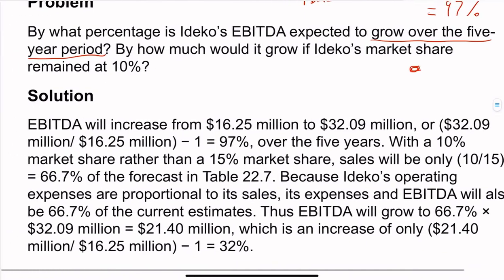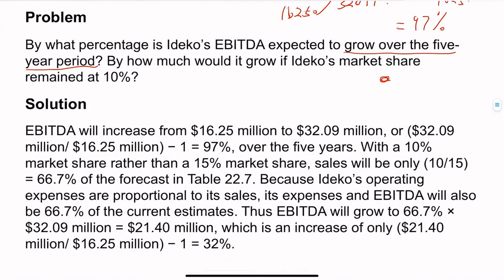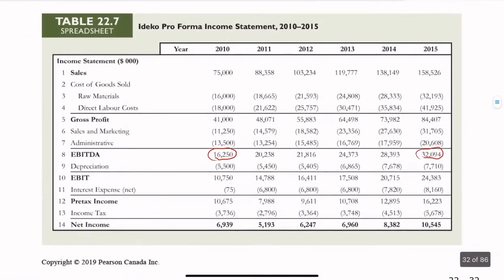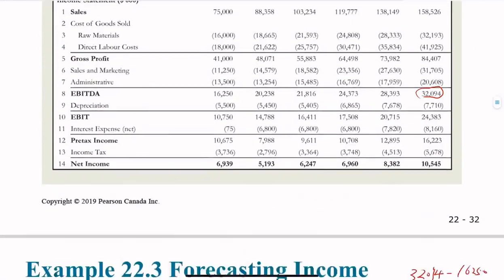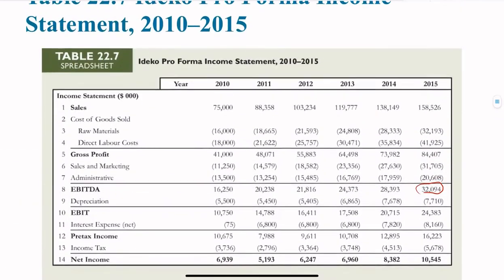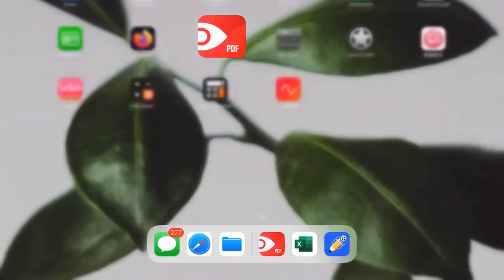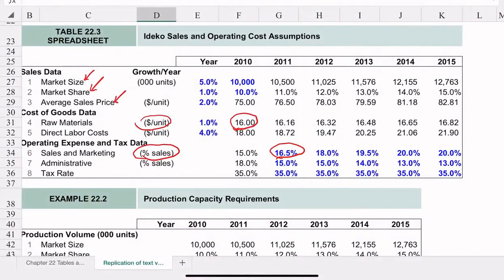Okay, now the second question. By how much would the EBITDA grow if IDECO's market share remained at 10%? So remember the assumption, right? The assumption for this pro forma income statement is we assumed the firm's market share would increase from 10% to 15%. Just check the Excel file.